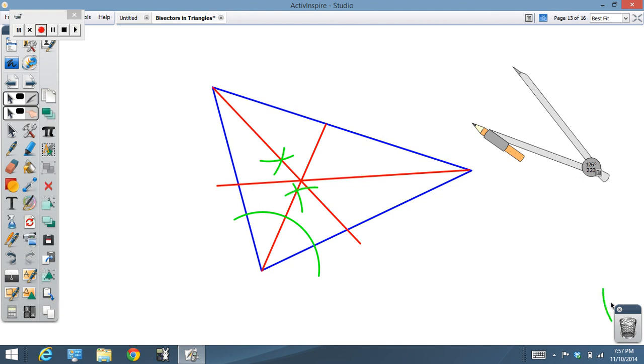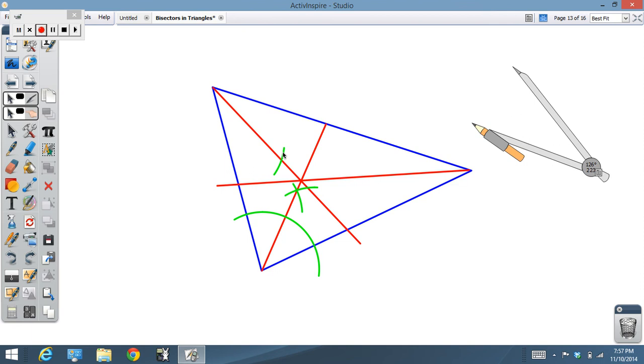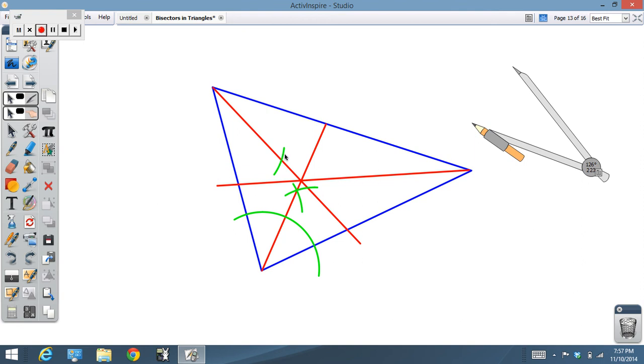And the cool thing about the incenter is we can draw a circle there as well. Only this circle, where the circumcenter was equally distant from the three vertices, the incenter is going to be equally distant from each of the three sides.